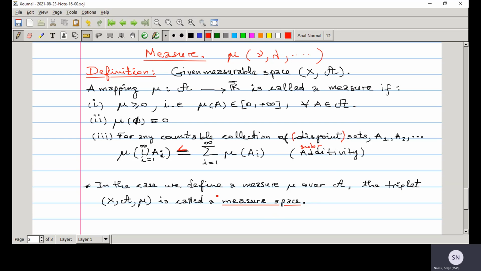So if you replace mu with a probability, you know that this is called a probability space. So you replace measure with probability. If mu is a probability, the triple becomes a probability space.